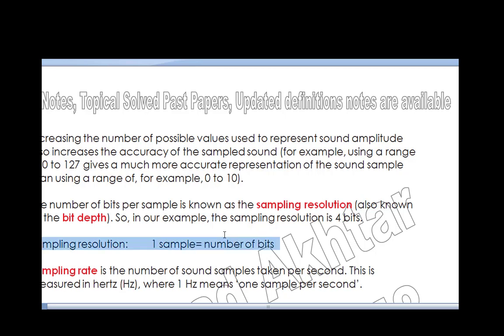This is the formula that you can understand easily, I guess. Sampling resolution: in one sample, how many bits? Let's suppose we get 4 bits or 8 bits or 12 bits in one sample, then we can say that it is the sampling resolution.